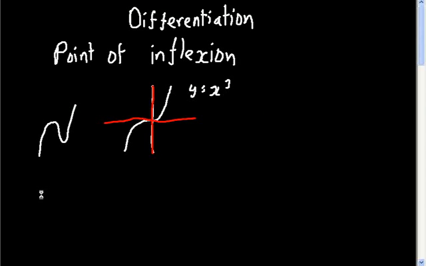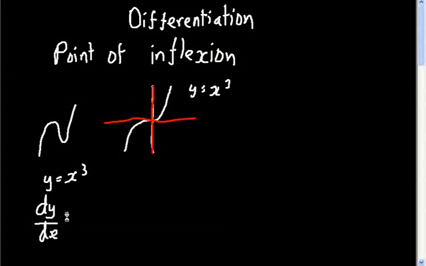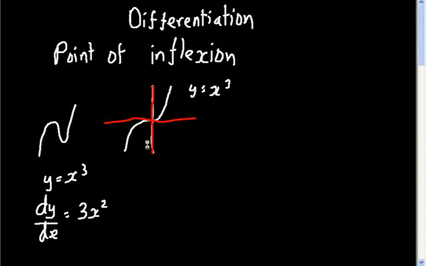Now let's work out where the stationary point is for this graph. Now we definitely know the stationary point is here, on the origin. So that's a flat line there on the origin. So if I were to differentiate this, dy by dx is equal to 3x squared.